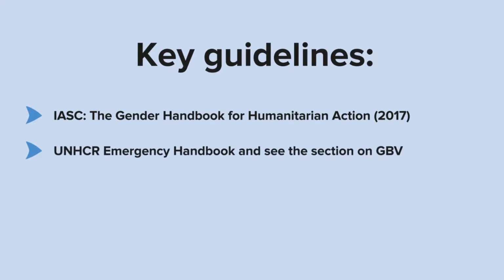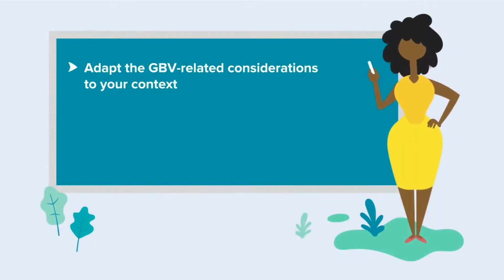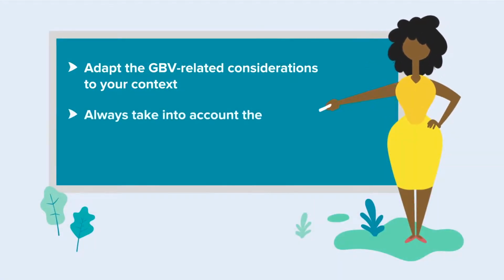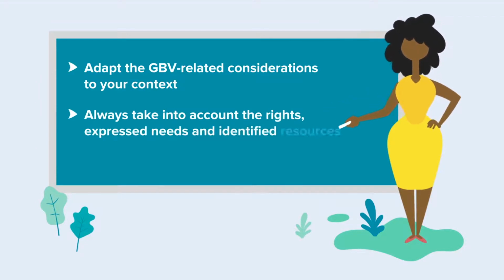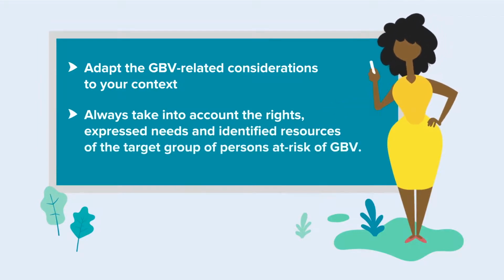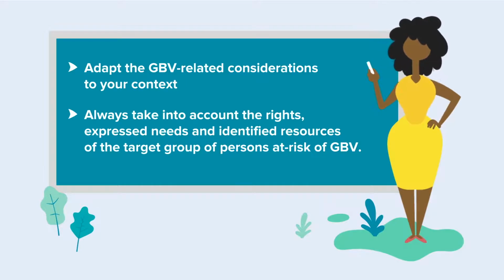Also take a look at the UNHCR Emergency Handbook and see the section on GBV. Also, the UNHCR Gender Equality Toolkit is available. Adapt the GBV-related considerations to your context, and always take into account the rights, expressed needs, and identified resources of the target group of persons at risk of GBV.